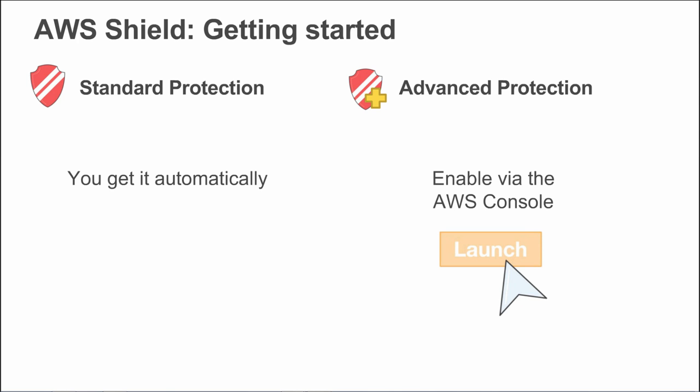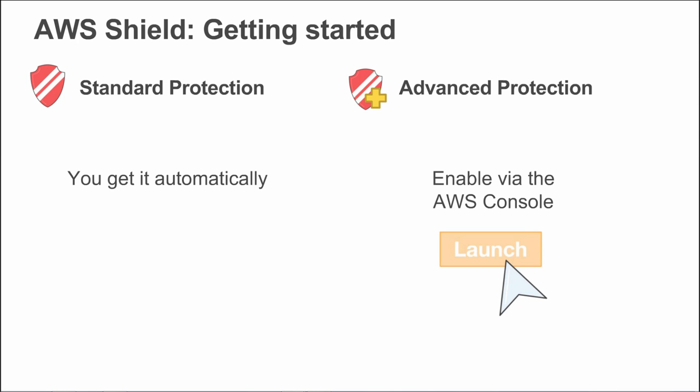In terms of how you actually enable these tiers of service, let's look at that. Now, as we talked about earlier, standard protection is already enabled for you. If you're using these services on AWS, you're automatically getting it. So you don't have to do anything. It's just built in.